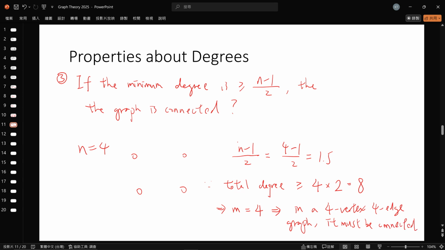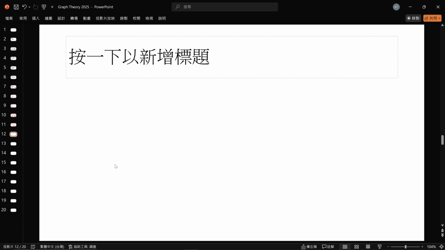Okay, excellent. I haven't thought about this proof before. But can we generalize this proof to more vertices? Okay, let's try.